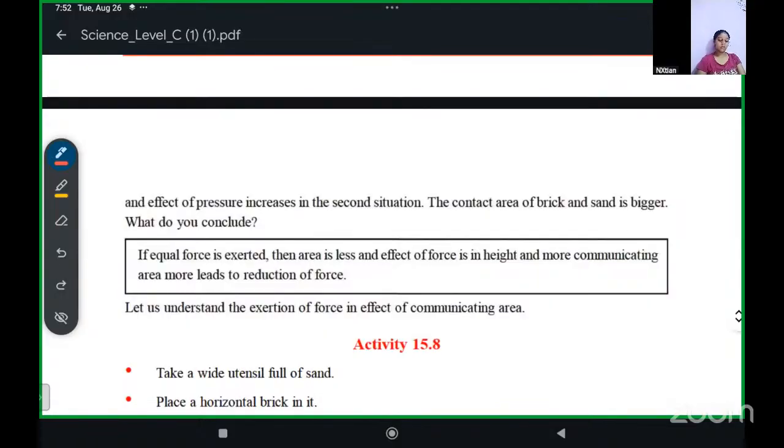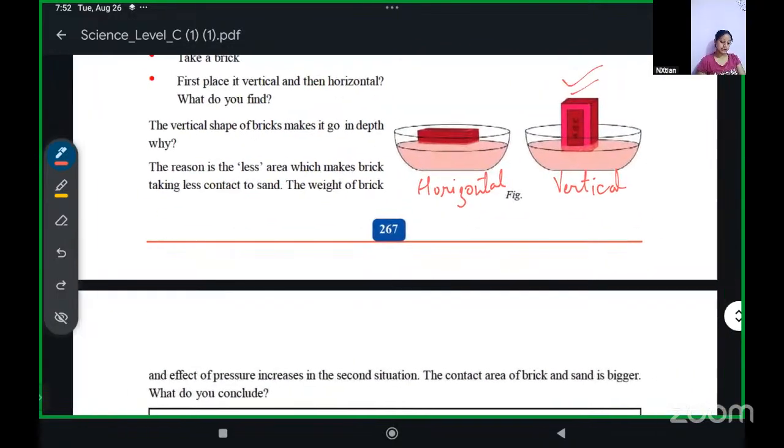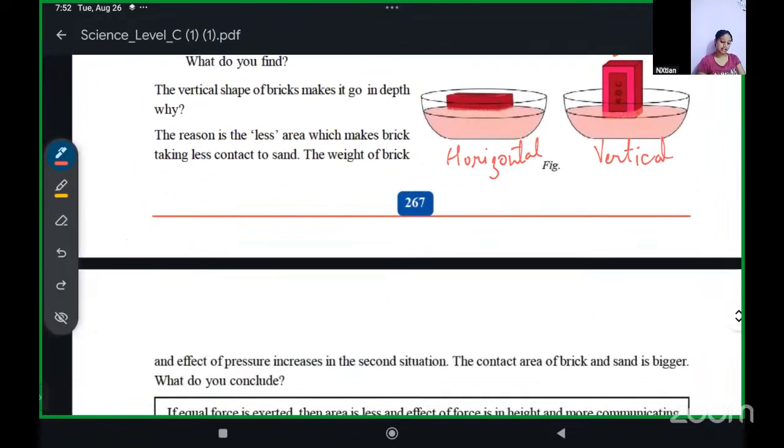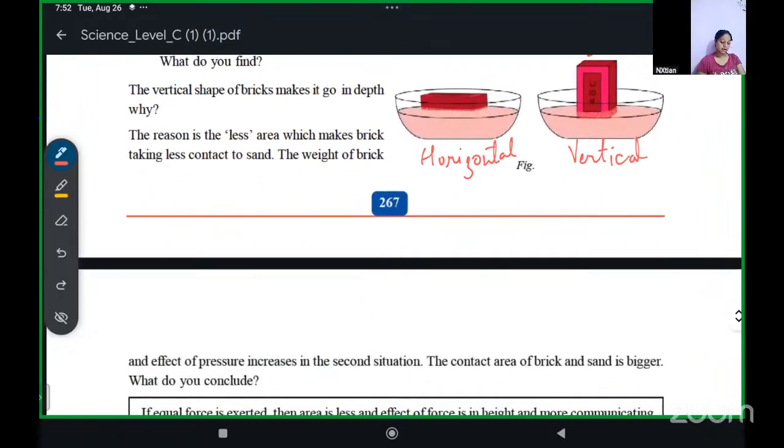What happens is that in the second one, because the surface area of the brick is lesser, it increases the pressure.